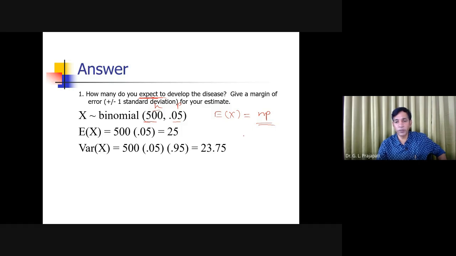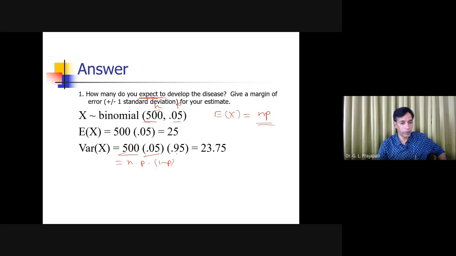Variance, how can you compute the variance? For computing the variance, we need a formula, which is n multiplied by p multiplied by 1 minus p. So probability of success, probability of failure. 500 people are there. Probability for disease is 0.05.